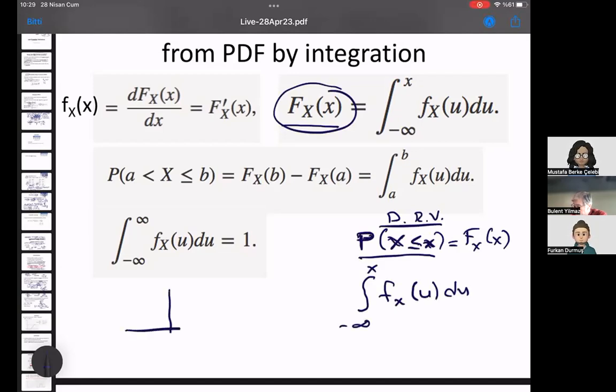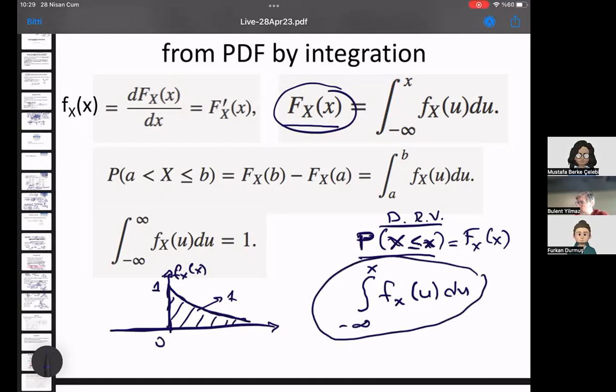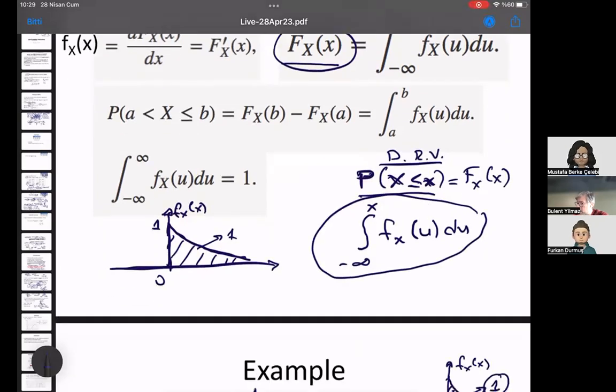So I will have, let's say, this exponential function, my PDF. The area under this is 1, from 0 to infinity, and this part is 0. Okay, this is my PDF. And what does this tell me? This tells me that I should do the integration. And what does integration do? I'm going to take a window from minus infinity to here, and it is always 0.